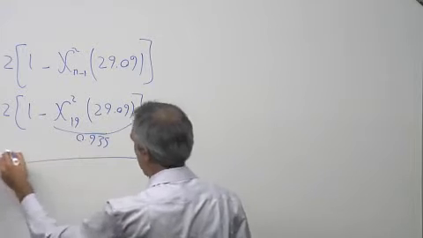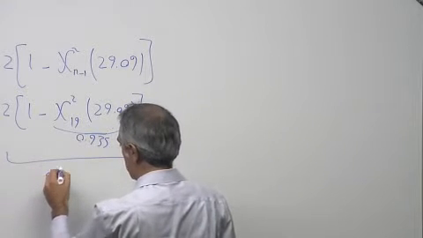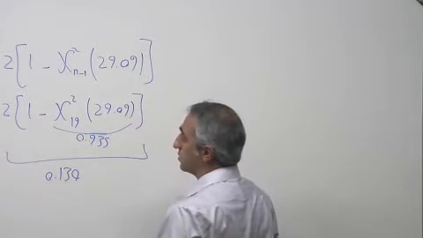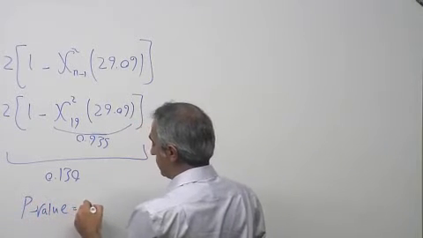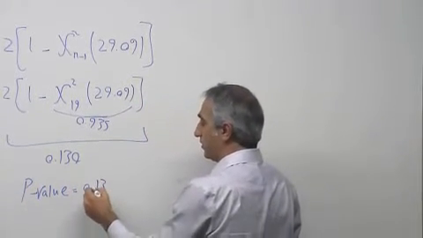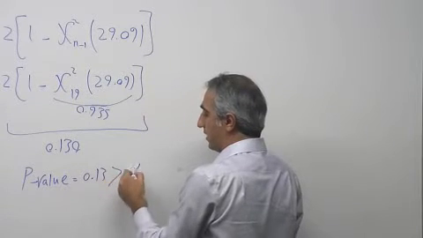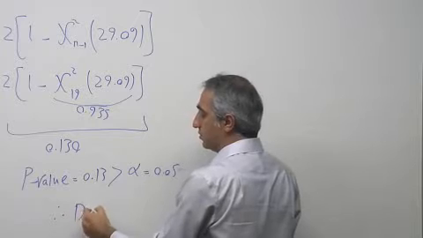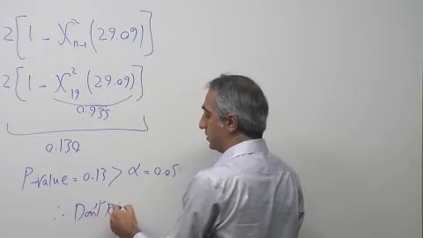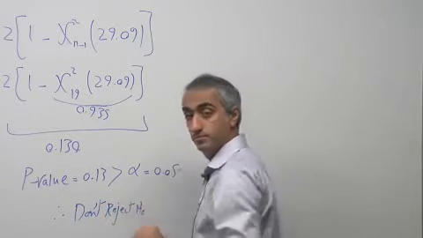At the end of the day, this is 0.13. So your p-value is 0.13, which is greater than alpha, which is 0.05. Therefore, do not reject H null.